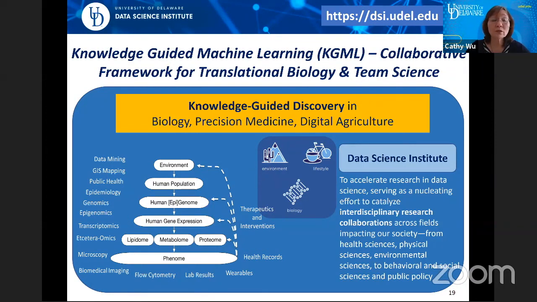We would be extremely delighted to contribute to the development of the foundations and applications of knowledge-guided machine learning. I think KGML would be a really ideal framework for collaboration, for translational biology and for team science, bringing us together at the interface of biomedical and computational sciences.